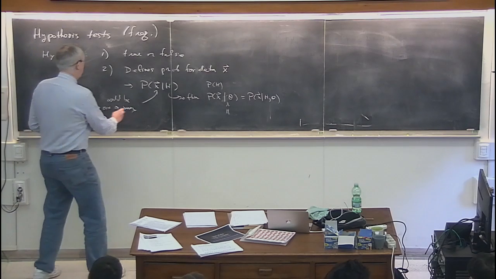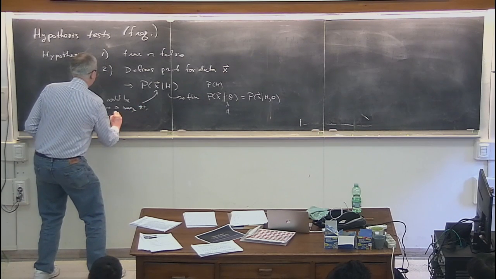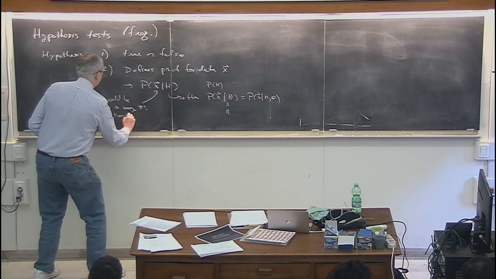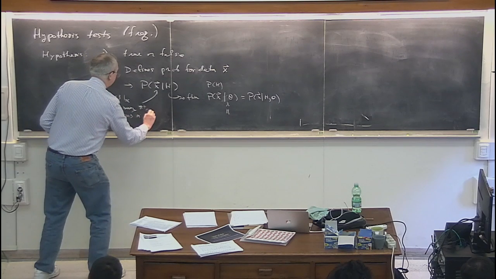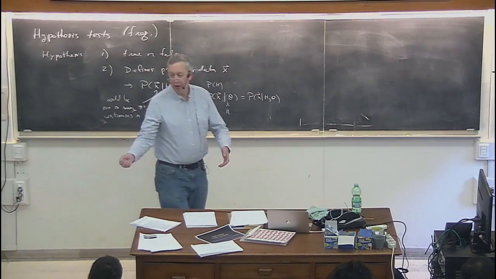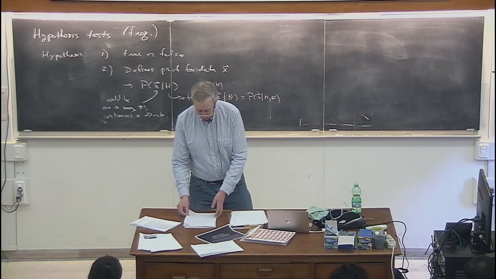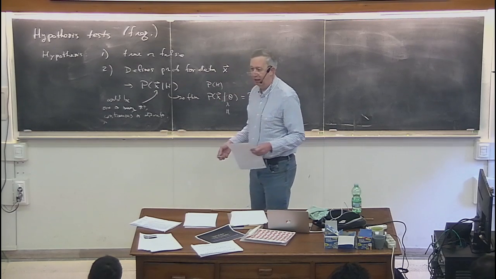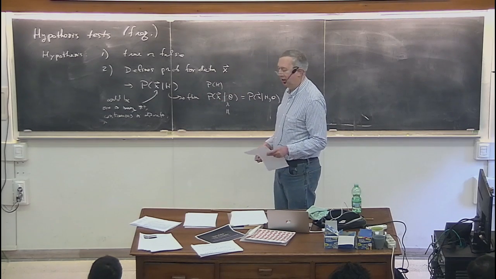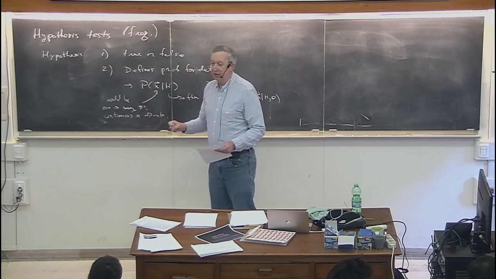So it could be one or many numbers, and it could be continuous or discrete. Very often in particle physics we're counting numbers of events, and so you'd have a discrete number of counts. The hypothesis is the rule that defines the probability for the data.